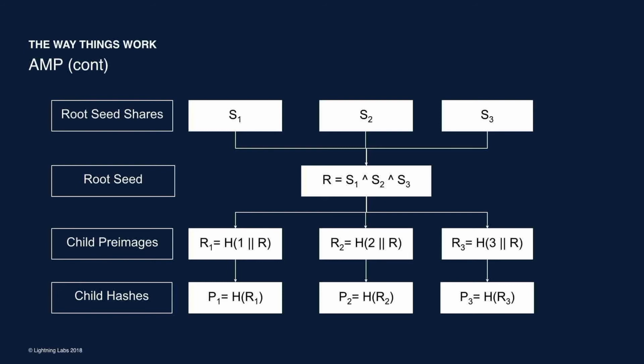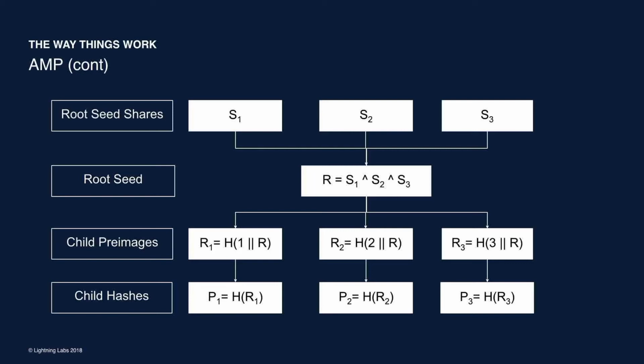And using that, it settles the payment. The key here is that until all these sub-payments have arrived at the destination, they don't know the actual shares, and so they can't do this reconstruction and derive all the preimages. But once they do, that unlocks the receiver to be able to do that.